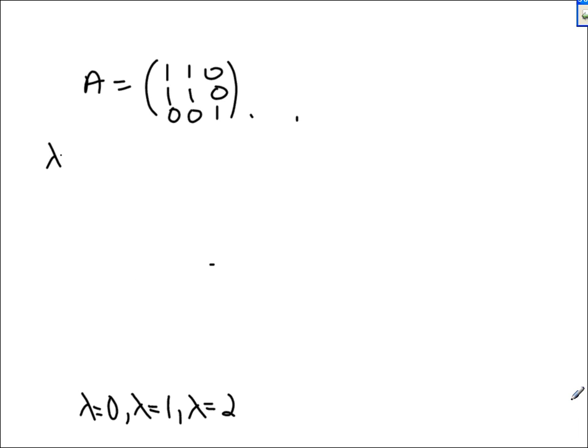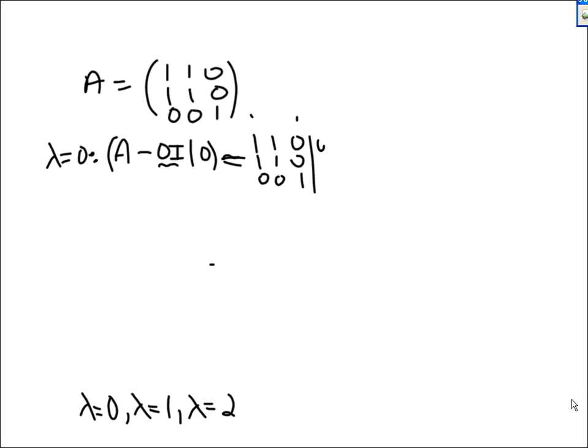If lambda is equal to 0, we want to solve A minus lambda I augmented with the 0 vector. But 0I is the 0 matrix, and A minus the 0 matrix is just A. That is, we want to solve this: 1, 1, 0, 1, 1, 0, 0, 0, 1, augmented with the 0 vector.